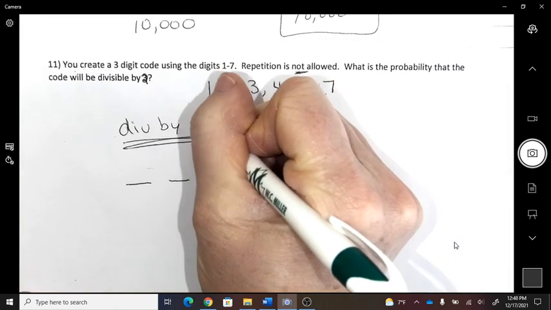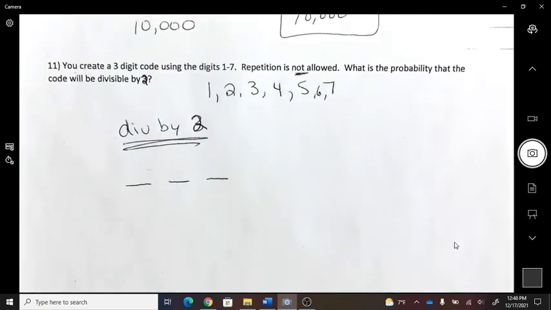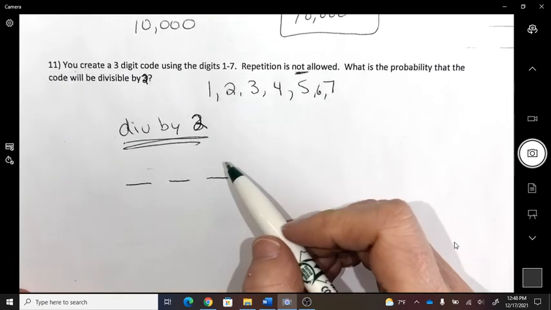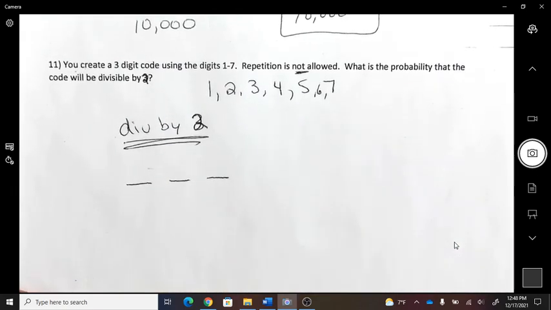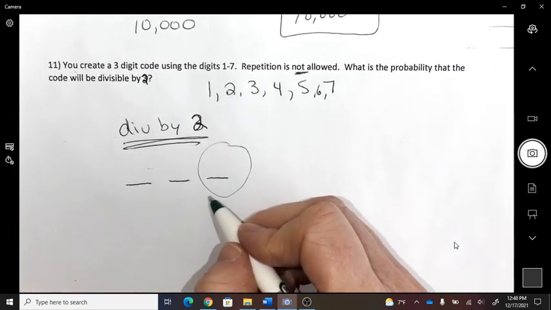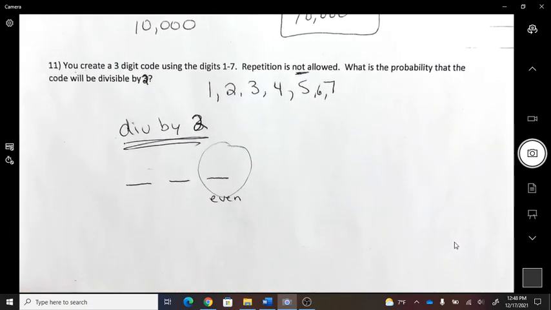So divisible by 2. Ready? How do you know if something's divisible by 2? If it's an even number. Okay, if it's even. How do I know if it's even? If the last one is even. If the last one is even, then it's even.